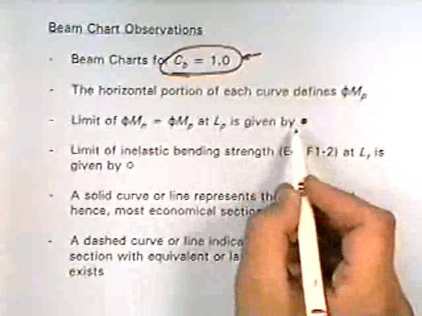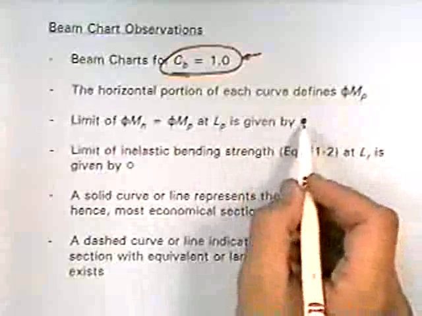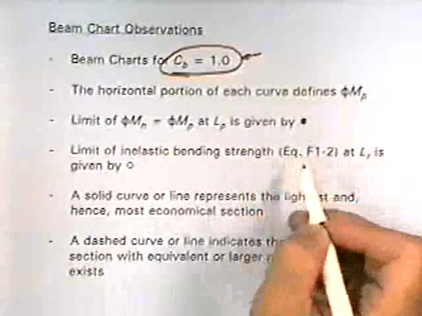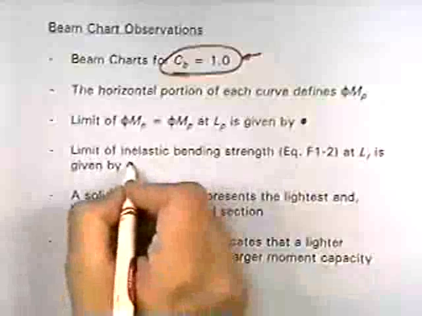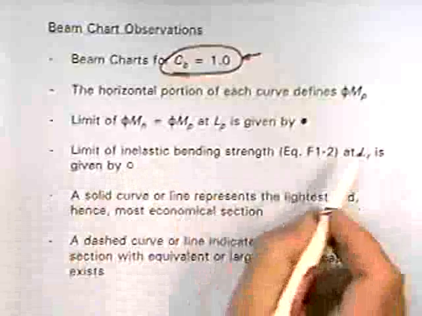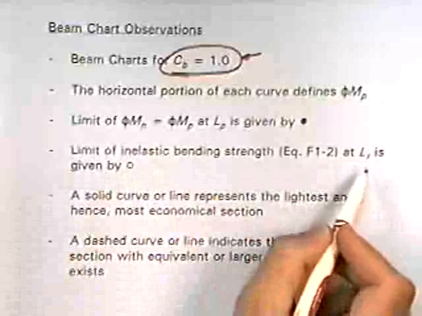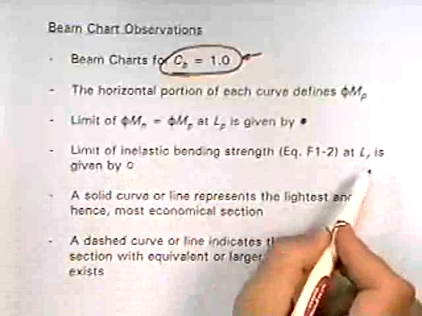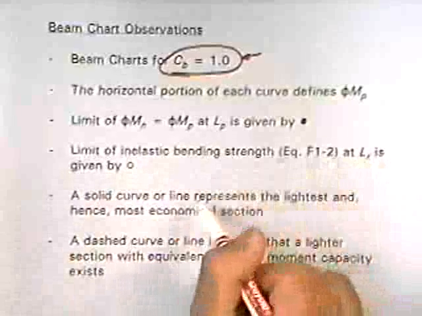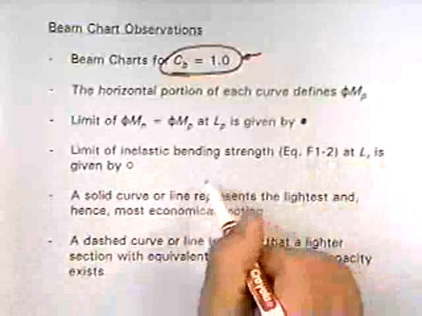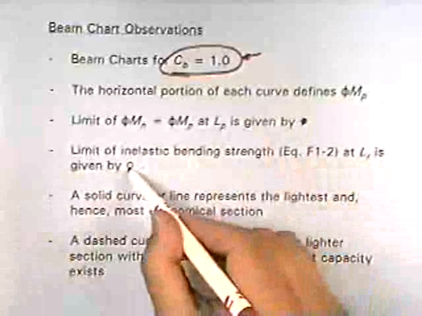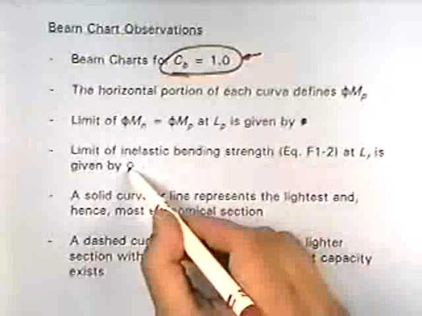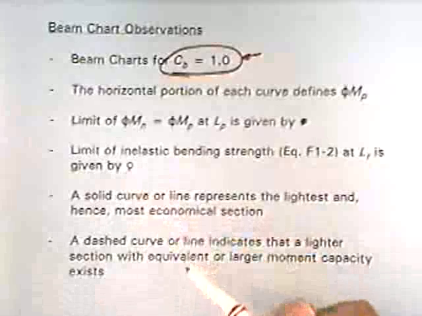After that, as the unbraced length increases, or as you keep going right, you begin to go down a slope, and you keep going down until you hit an open circle, and that defines L sub r. Okay, there's that L sub r again. And then beyond that, you actually get a curve. Between the solid and the open dot or circle, it's a straight, linear line.